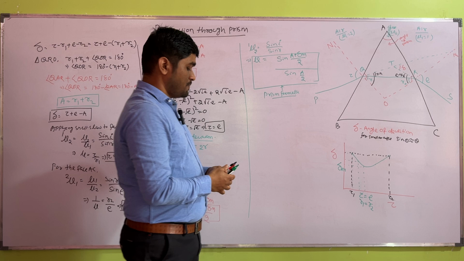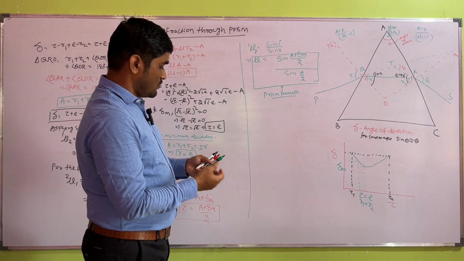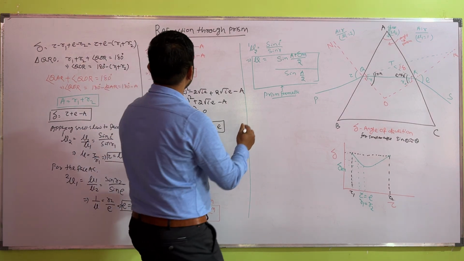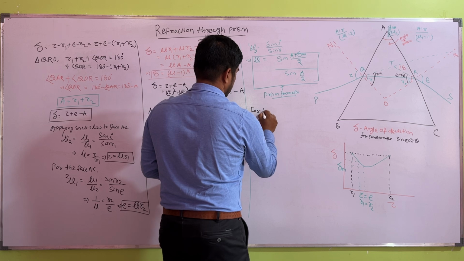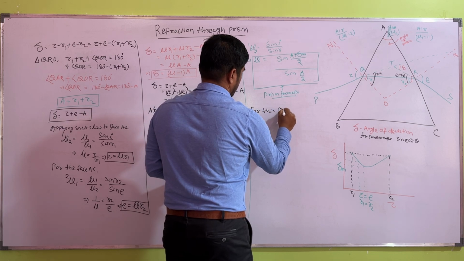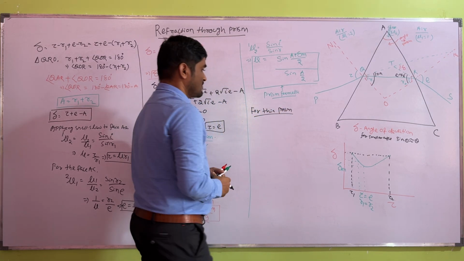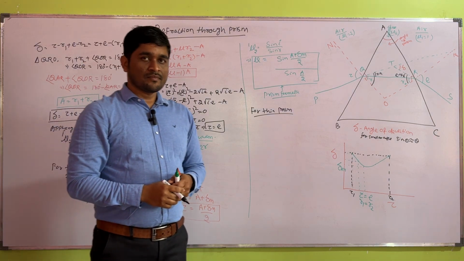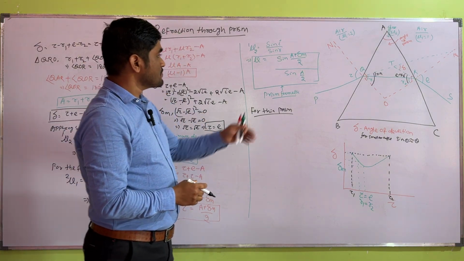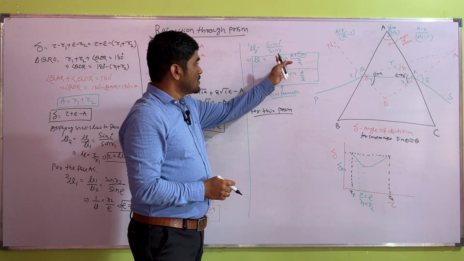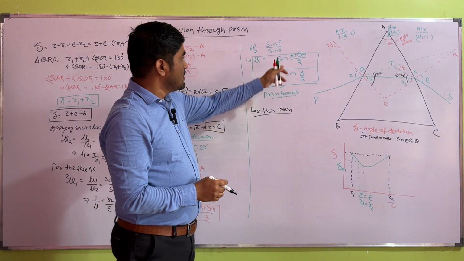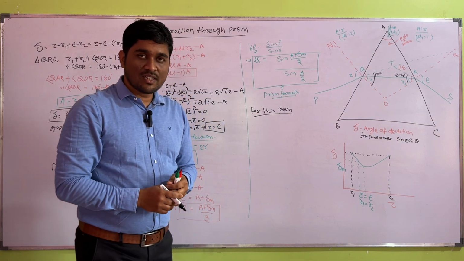And for a thin prism, the formula will be as follows. For smaller angles, sin theta is equal to theta.